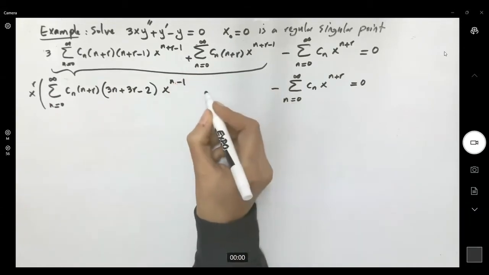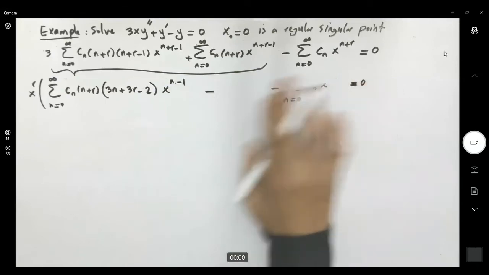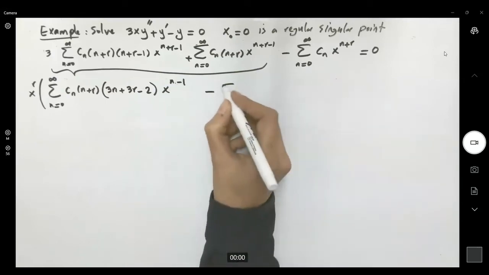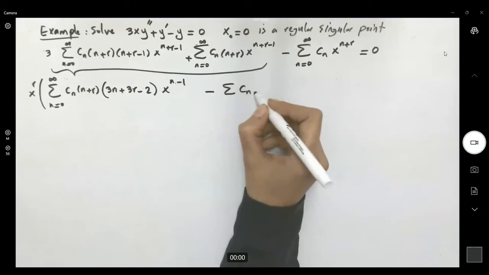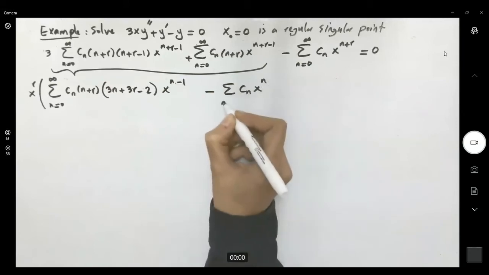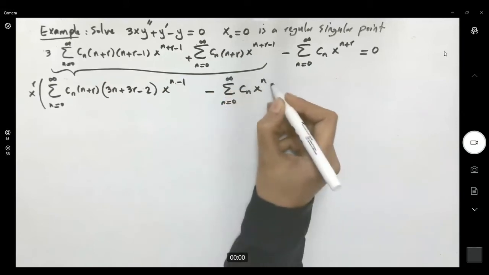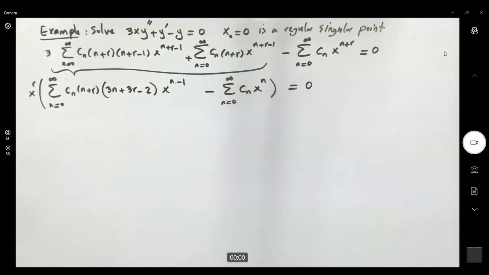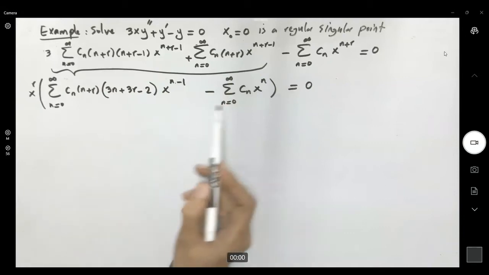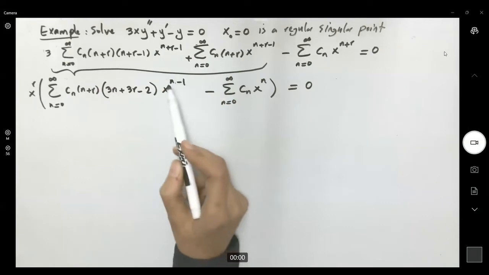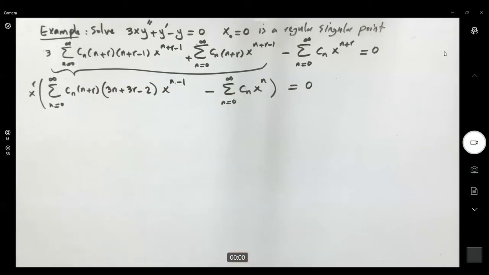I'm going to just write this here, minus the sum Cn x to power n and start from 0 to infinity. On the right hand side, I have a 0. Very good. So now what? I have 0, but these two exponents are different from each other.